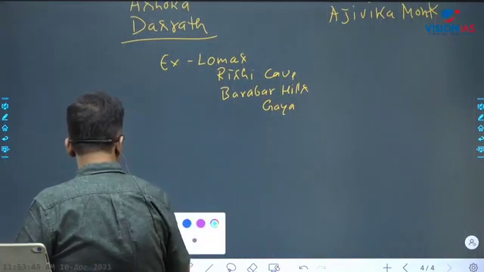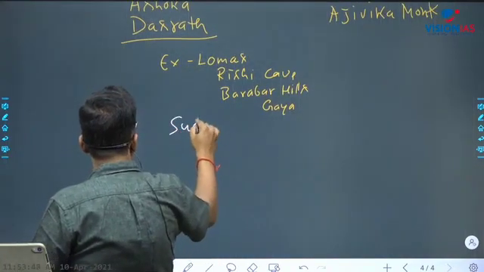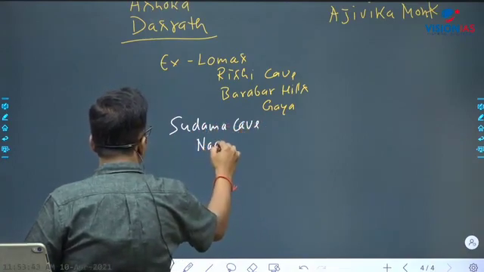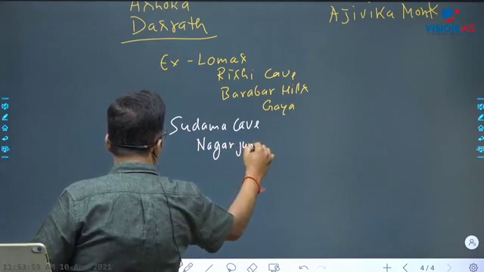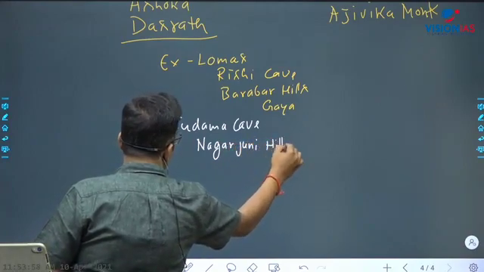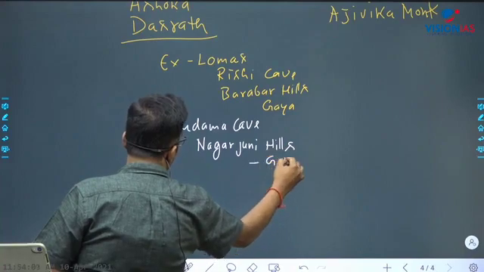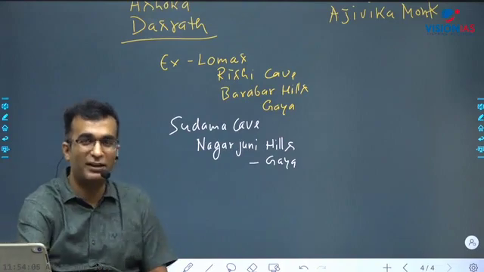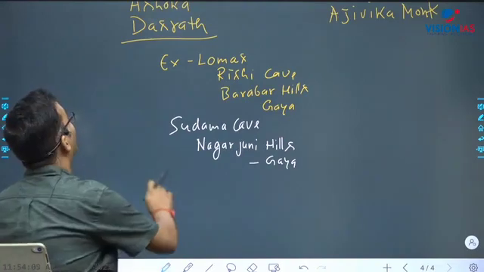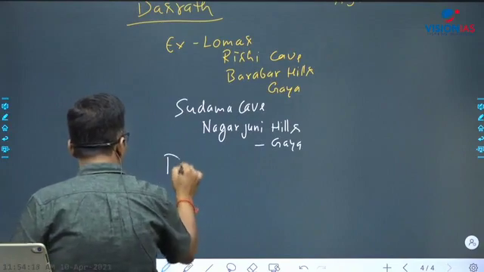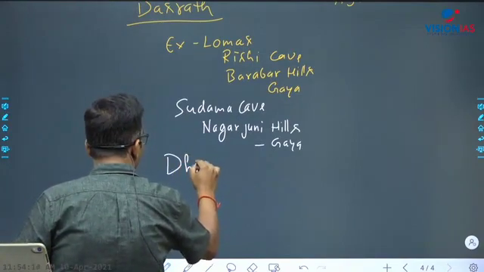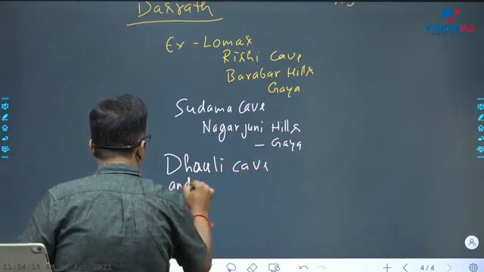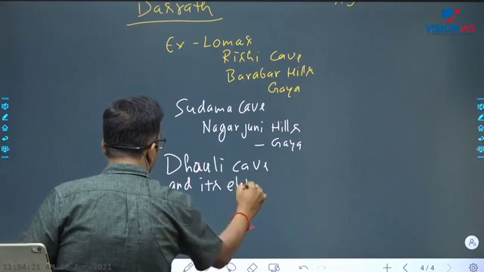Then for the second example, you write Sudama cave, Nagarjuni Hills, and again the place is Gaya, the Gaya in Bihar. Then for the third example you write Dhauli cave and its elephant sculpture.